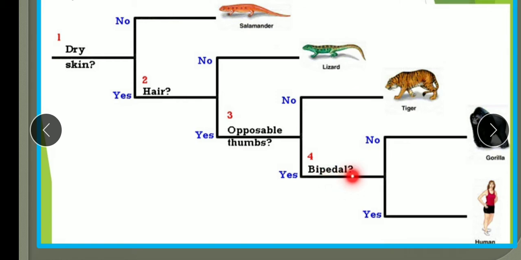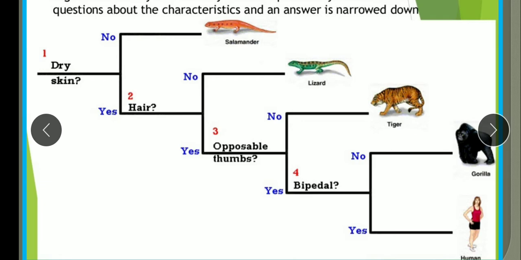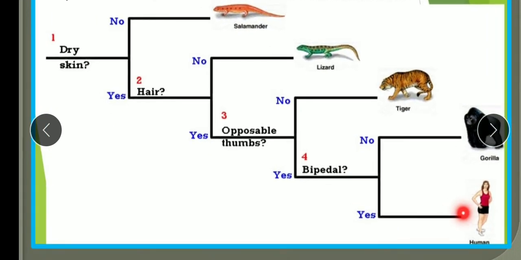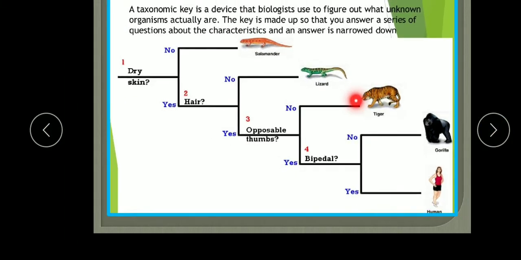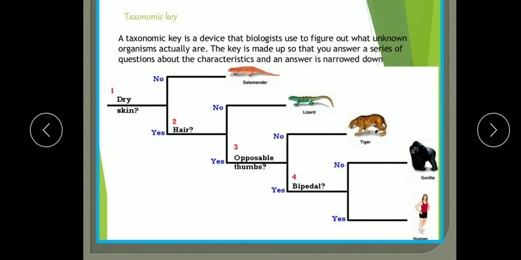If it says no, then it is a gorilla, it does not show the bipedal locomotion. If yes, then it is the human. So understood, children? In this way these taxonomic keys are used to identify unknown organisms.